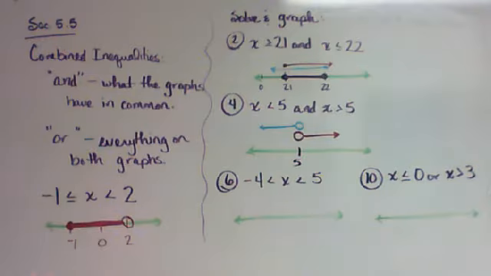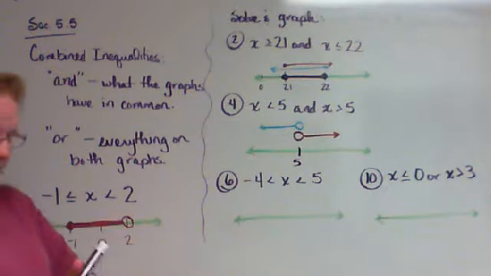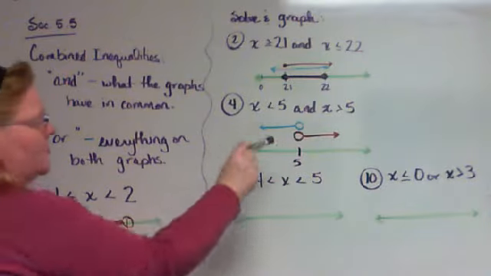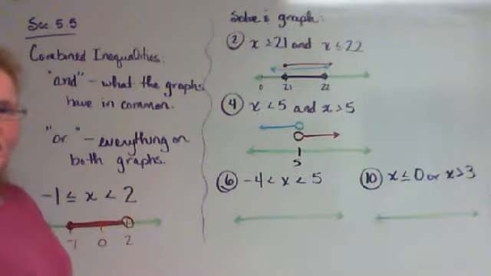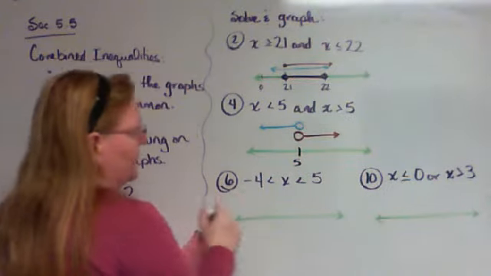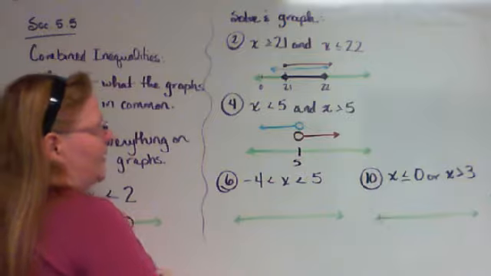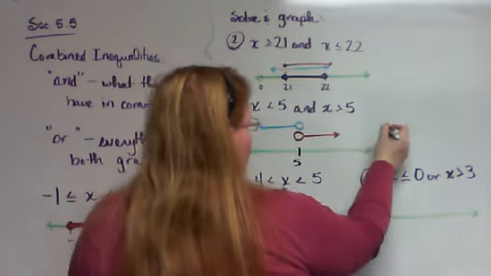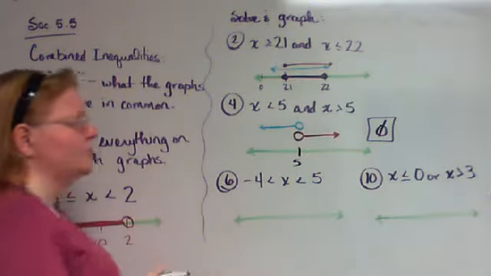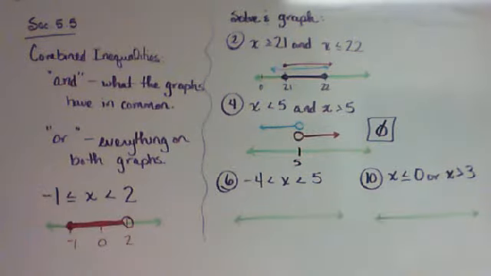So did anything get shaded in both, the top one and the bottom one? Well, no, they both got an open circle on 5, but that just means there's nothing there. Since there isn't anything in common, I don't have to graph anything. My answer is no solution because they don't cross anywhere. There's nothing to graph.